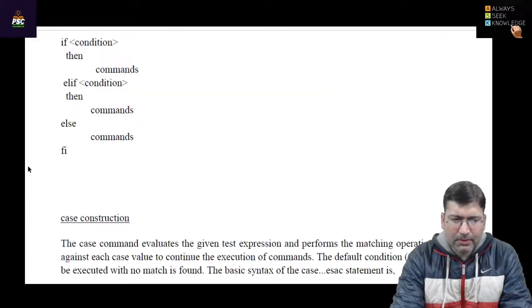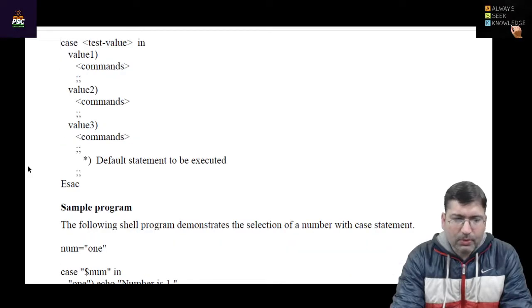Now the next interesting control statement is case. We use case like this. We write case and then a variable on which we want to apply the test, then we use in, and then we write the values. Let's say you want to check the month.